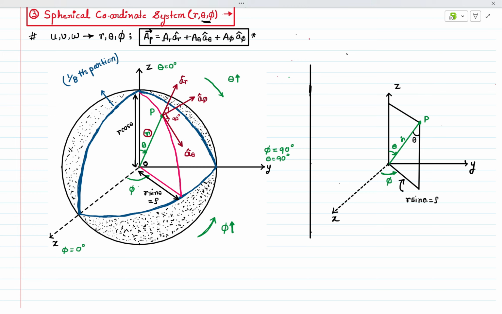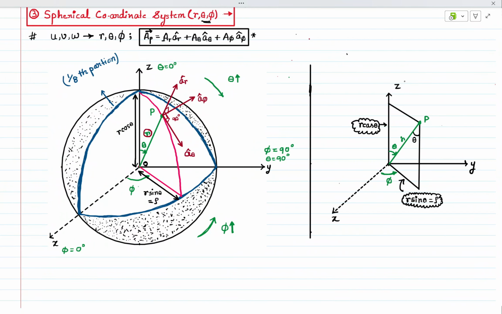Okay. Now, again, this is r, this is theta. What will be the base? This is the height. Height is nothing but r sine theta, and base is nothing but the r cos theta. R cos theta, right? Okay, this is the r cos theta, r sine theta.